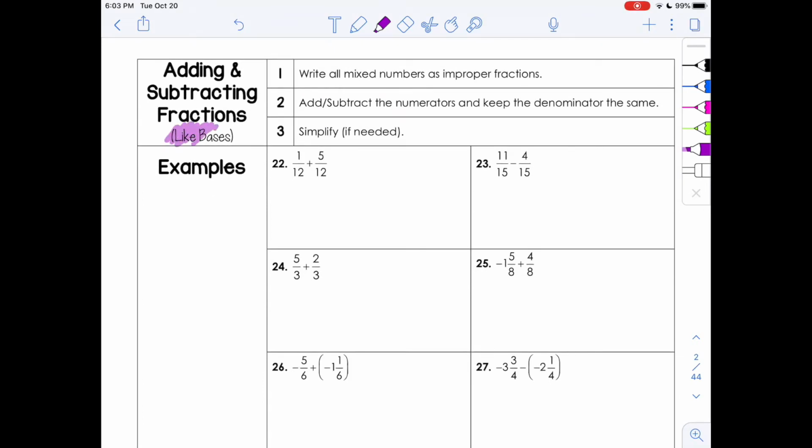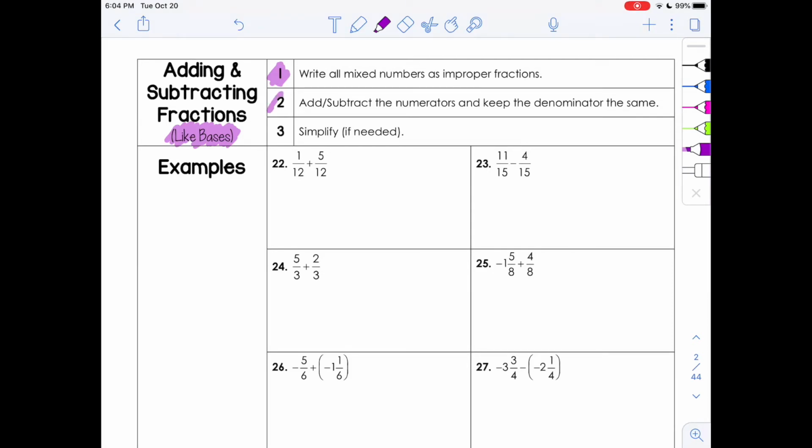In the next section, we're going to review adding and subtracting fractions with like bases. So remember, when we add and subtract, it's important that we pay attention to our base, our denominator. And we're just going to focus on denominators that are the same. First, in step 1, write all mixed numbers as improper fractions.